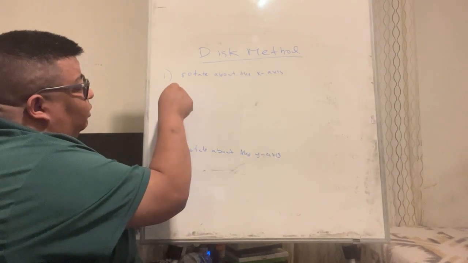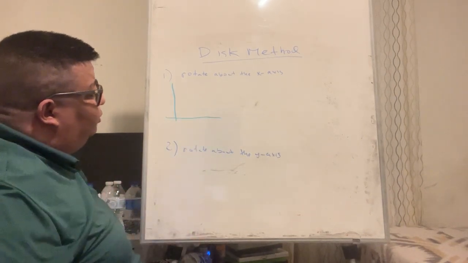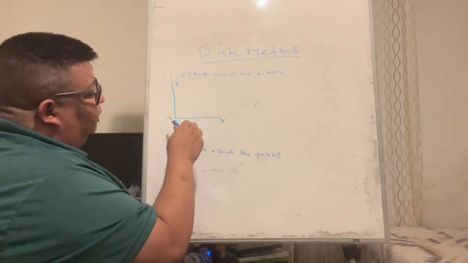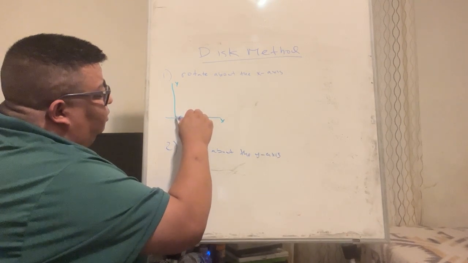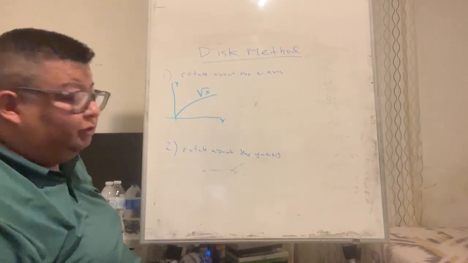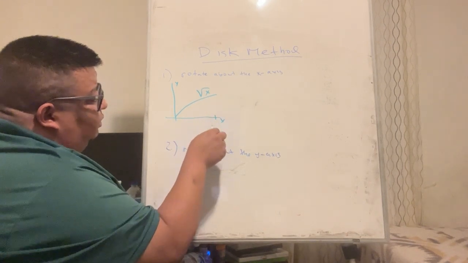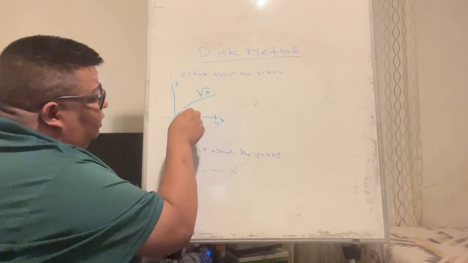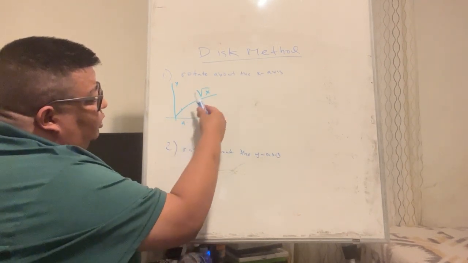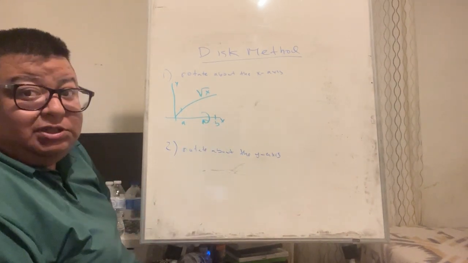Let's say this is the solid that we're going to create. So let's say this is your x, this is your y, and then you have something like the graph of square root of x, and let's say here it's b, and somewhere here you have your a, and you want to rotate about the x-axis.